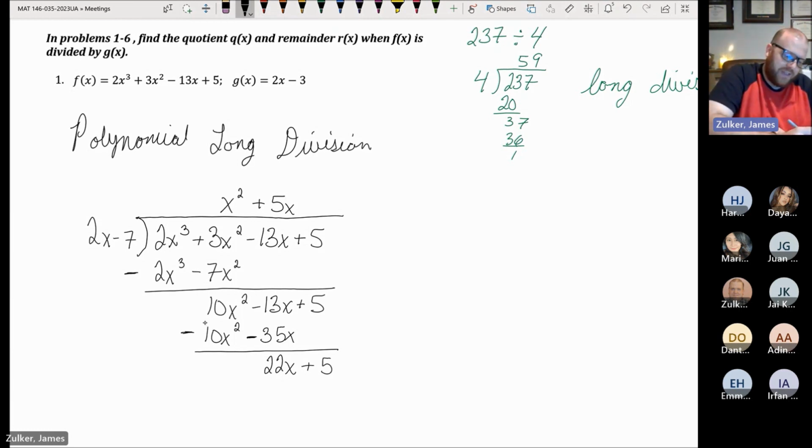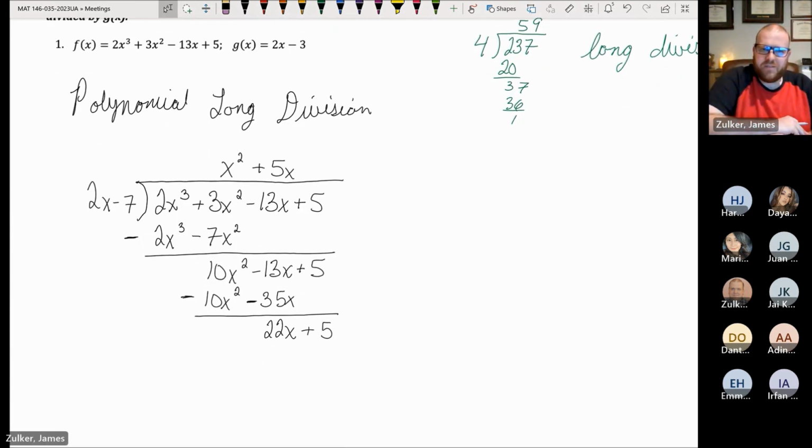So technically, it should be this. But those parentheses, to me, look messy, so I typically don't write them. What's the degree of what we're left with?